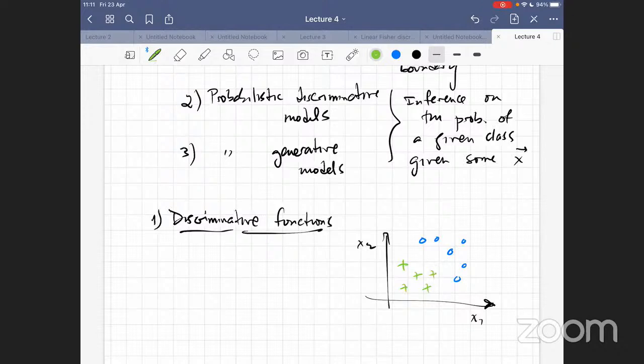By inspection, you may say, okay, this is probably linearly separable. So I may just try to draw a line like this, right? And the simplest that you can do is a simple regression, right?